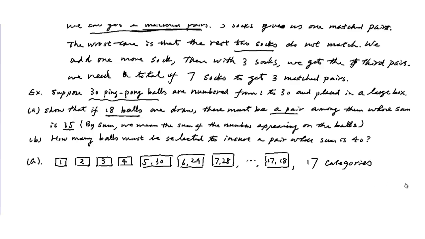So by the pigeonhole principle, at least one category has 2 balls. If we get 18 balls distributed such that at least 2 balls will fall in this category, so we just need 18 balls, okay?